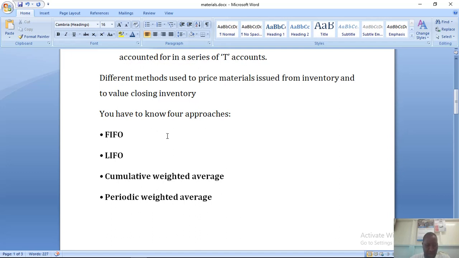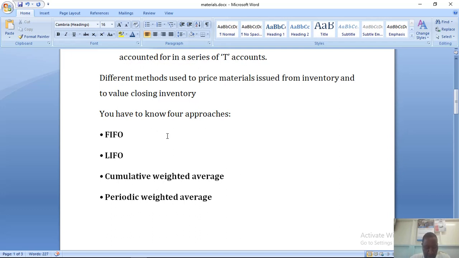Then there is the periodic weighted average method. Under this method, you calculate the new inventory value at the end of the set period. So at the end of the period, you calculate the new inventory value and use it for the valuation of materials issued and also the valuation of the closing inventory.